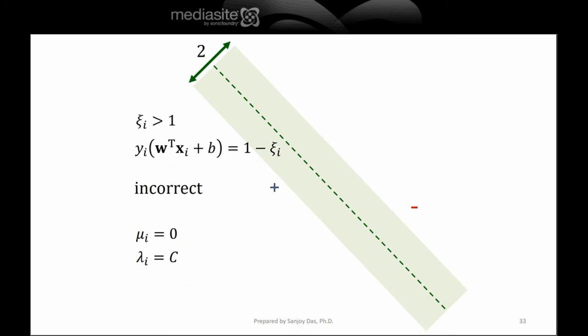Now, these points have errors which are more than one because they are on the wrong side of the hyperplane.